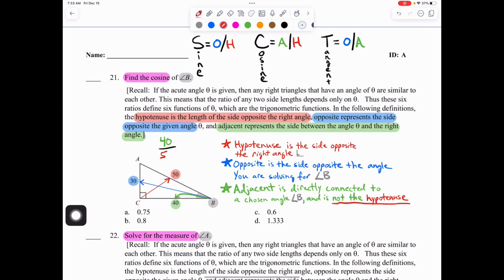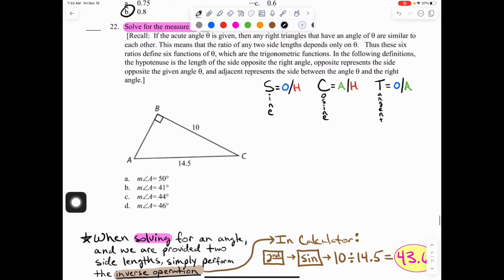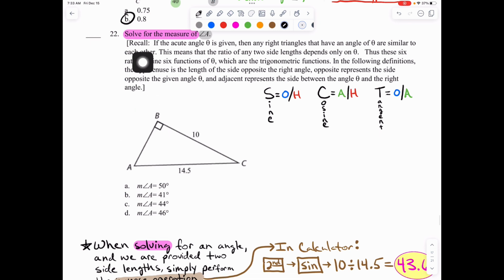Excellent job. In your calculator, 40 over 50 equals 0.8. Go ahead and circle your answer. That's all you have to do when it says find, because there are no angle measurements outside of the 90.